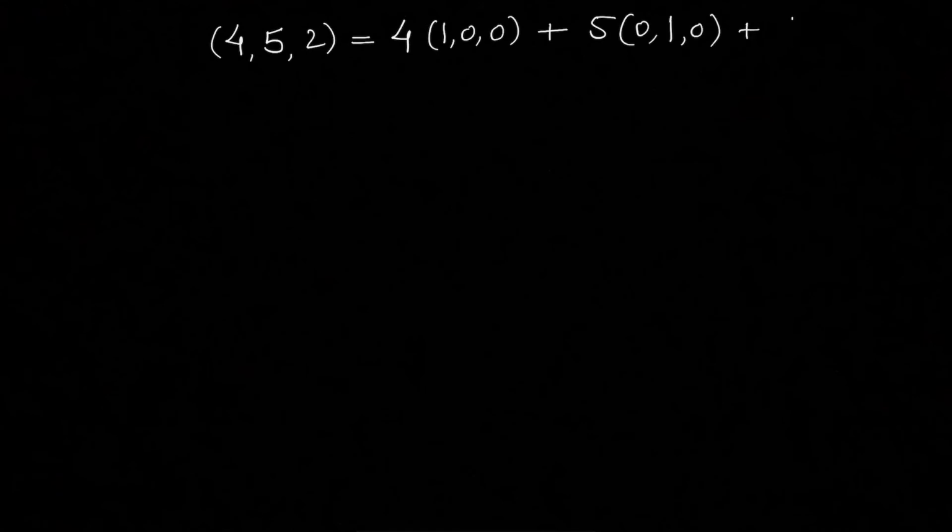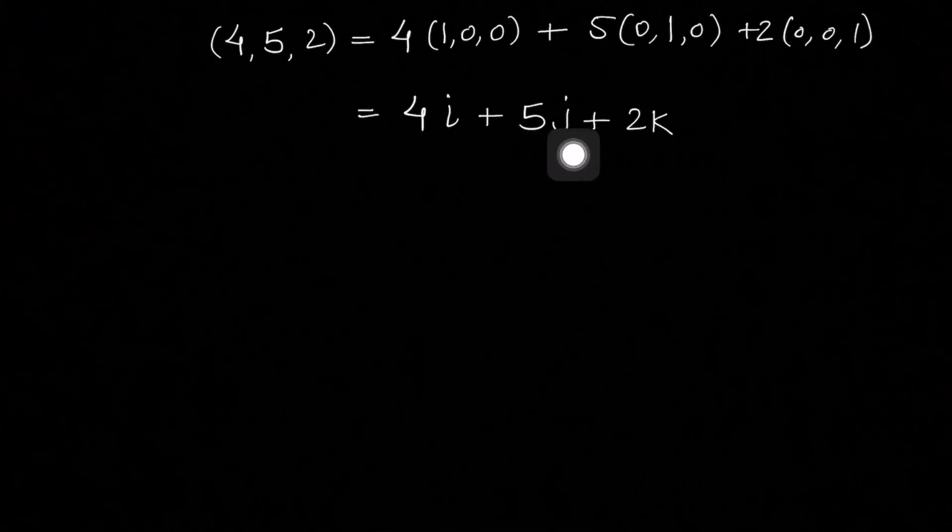If you notice one thing, suppose you have any vector, you can write this vector as a linear combination of the standard unit vectors. Do the multiplication, add them, and you will get the same left hand side. So whether this expression is written or this is written, they have the same meaning.